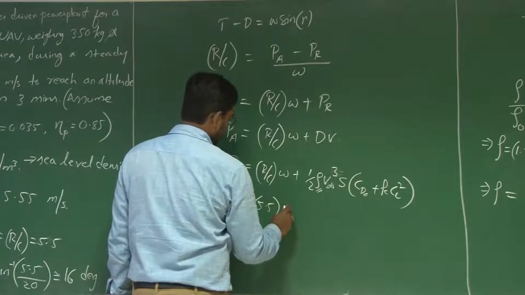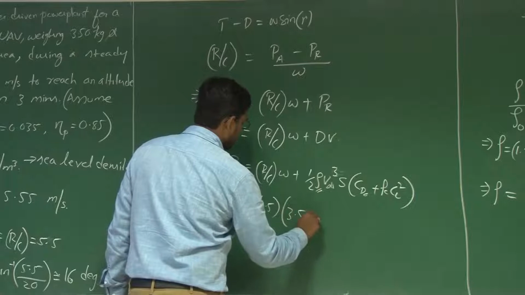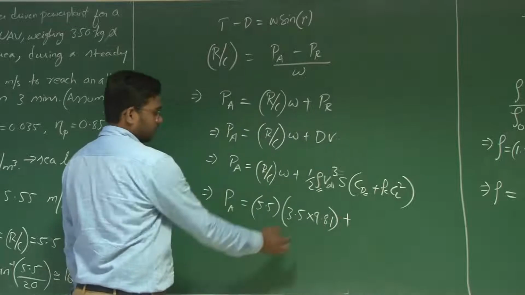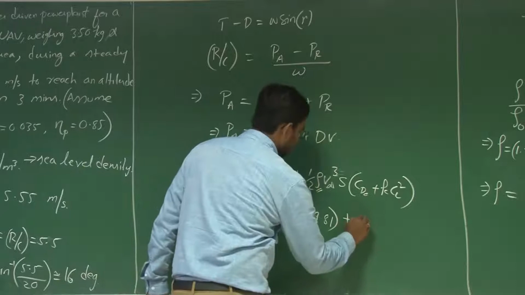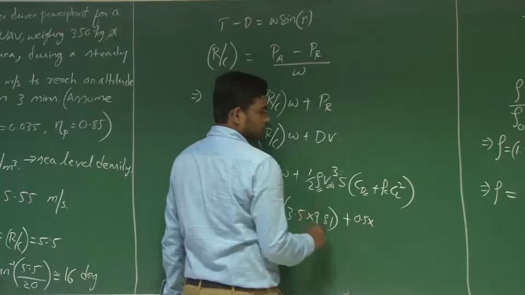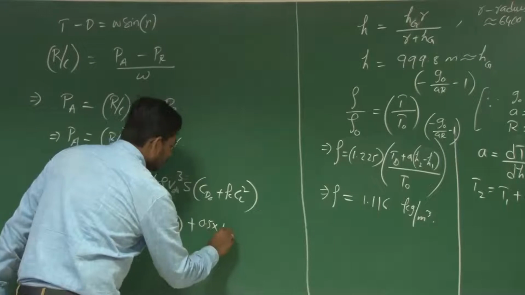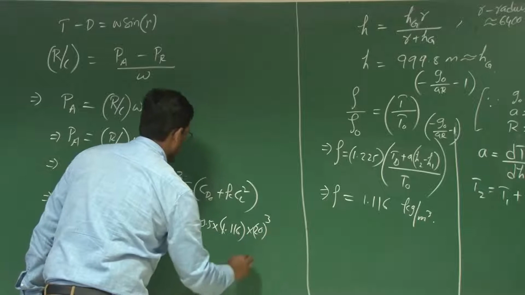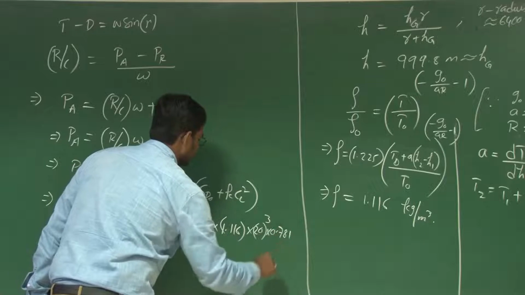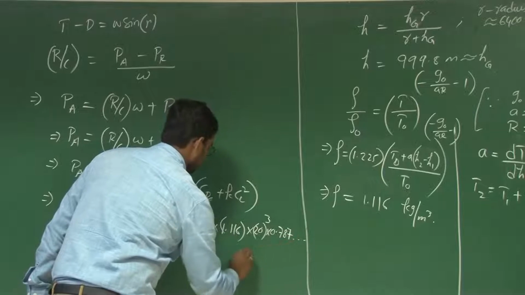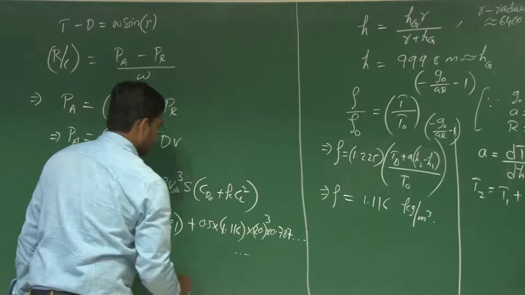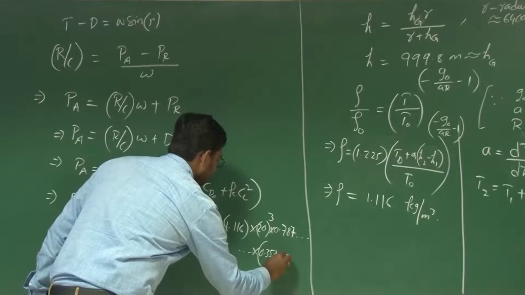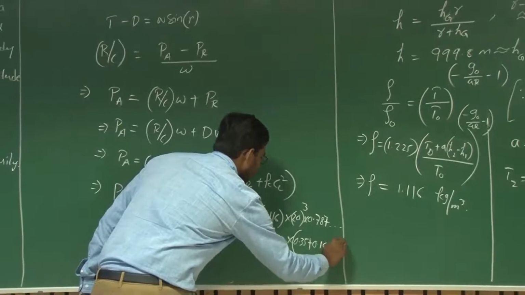5.5 meters per second into 3.5 kg multiplied by 9.81 to convert this into newtons, plus half into the density here, 1.116, into 20 cube into 0.787 multiplied by 0.35 plus 0.16 CL square.